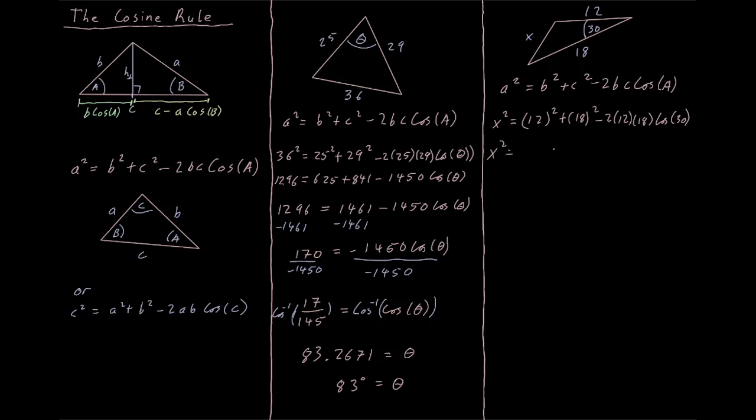So x squared is going to be 144 plus 324 minus, all of that can go into our calculator, and we get minus 374.1227.